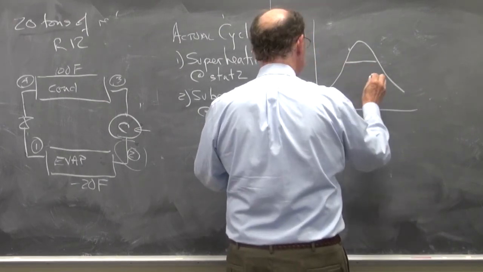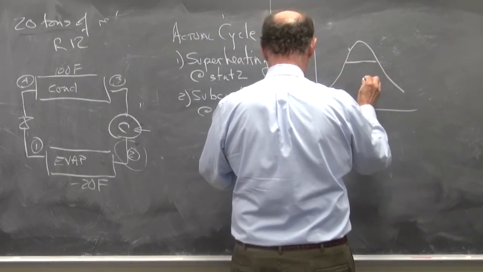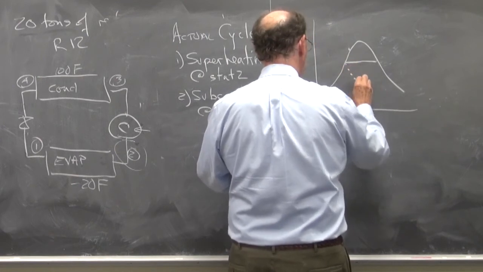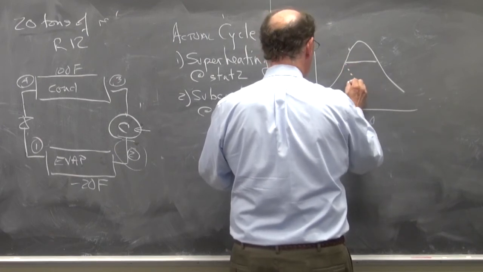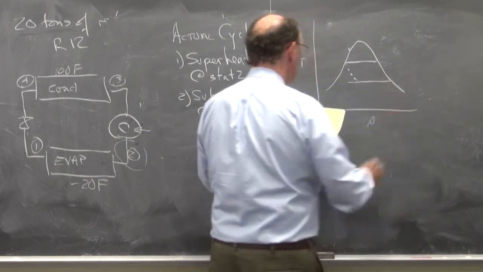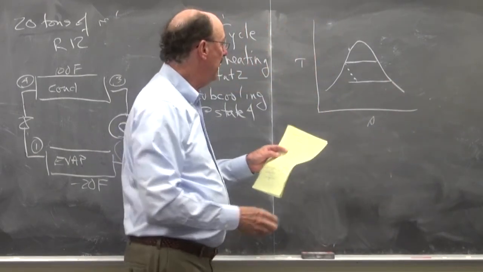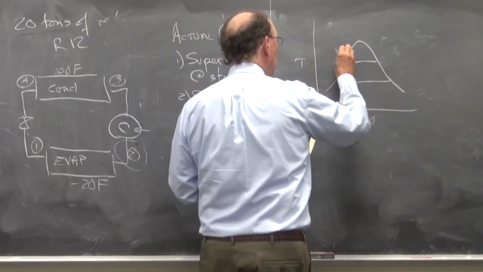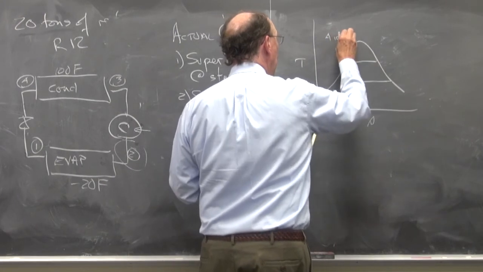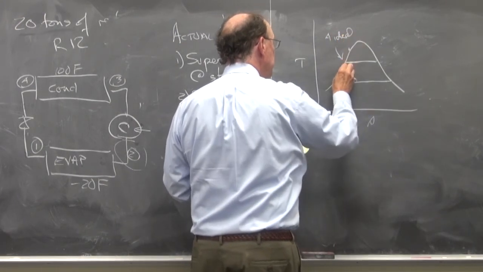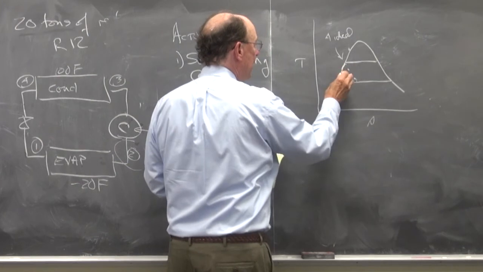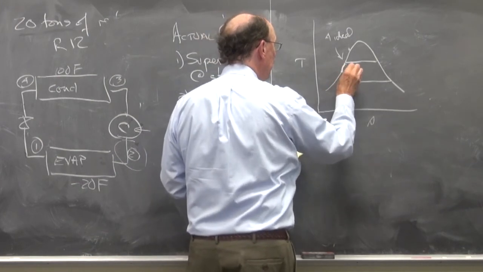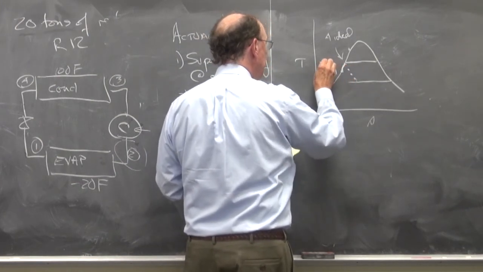So if I look at a TS diagram with this, I'll start here, and here's the ideal. And then we're going to subcool it a little, so it drops down, subcool, and here is for actual.